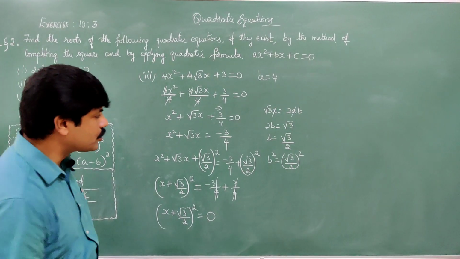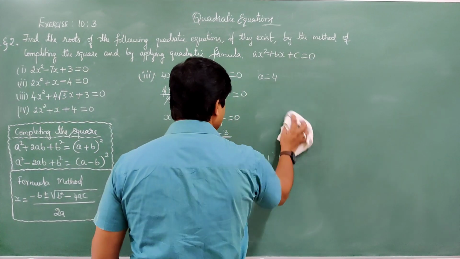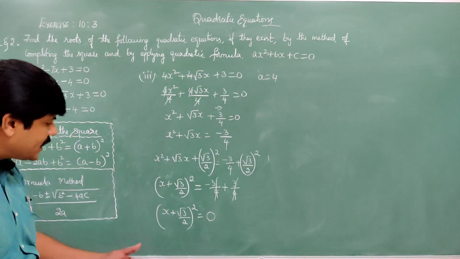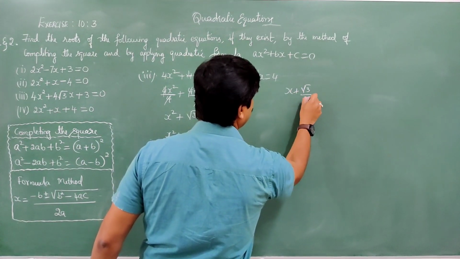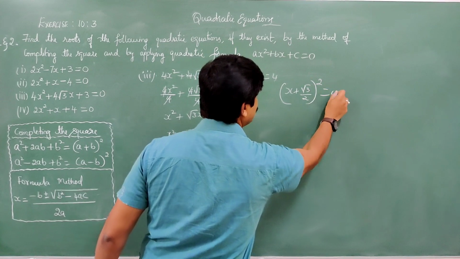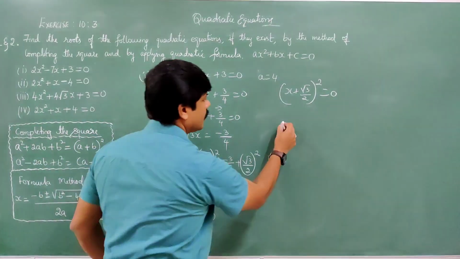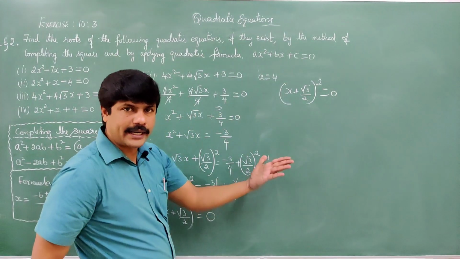Now the thing to be understood is very, very important. It has become 0. Now what you do is, x plus root 3 by 2 whole square is equal to 0. Don't take the square root on both sides, okay?